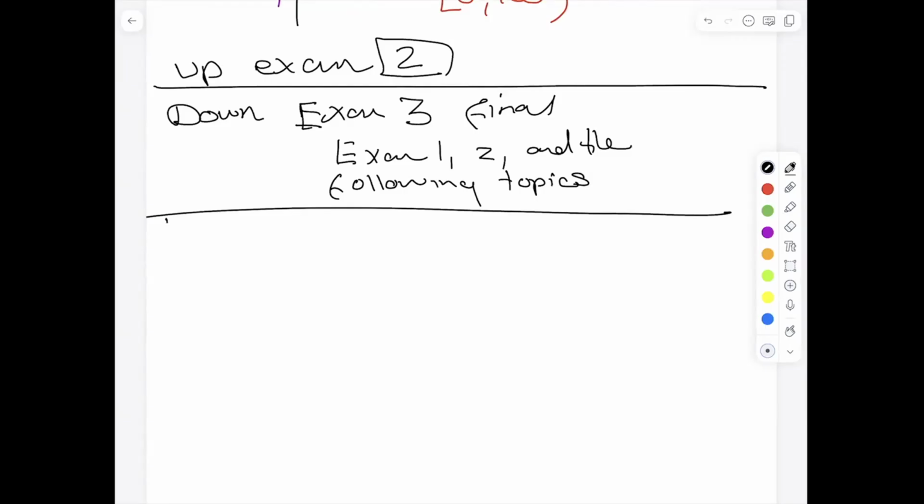Okay. So I have the following two lines. So this is systems. Is this going to be on tomorrow's exam?